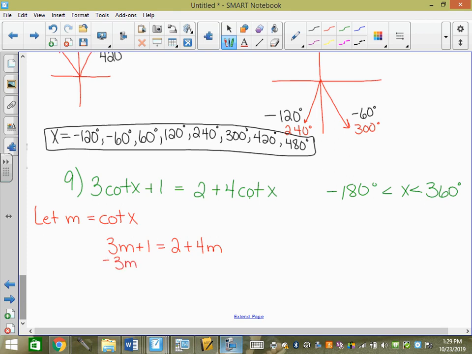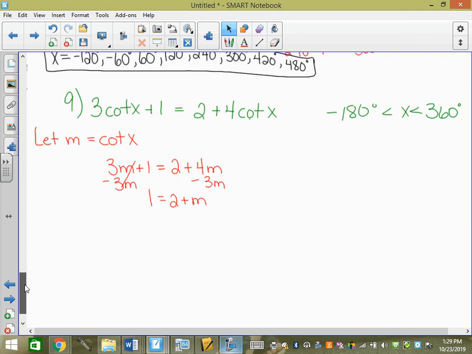Minus 3m. 1 equals 2 plus m. Subtract the 2. M equals negative 1. Then, when you get to this point, please do not box it and walk off. There wasn't an M. You put the M there. There was no M.